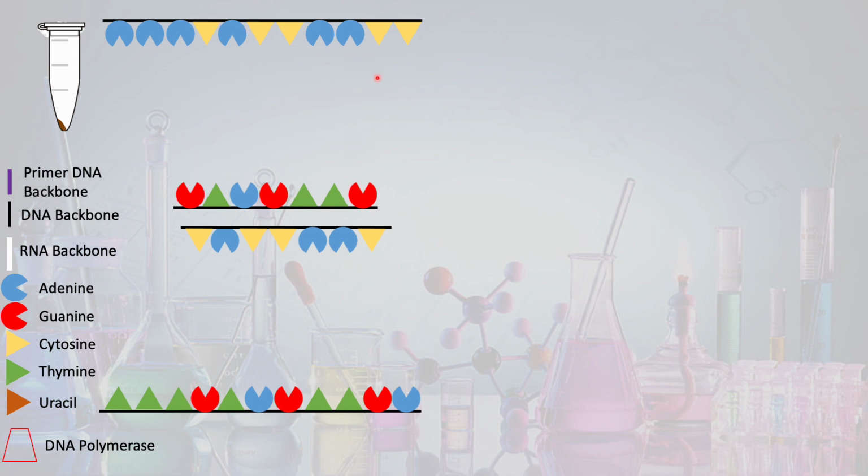And in order to selectively prime the amplification of our genes of interest, we need to artificially produce primer sequences that are selective for our genes of interest, right?